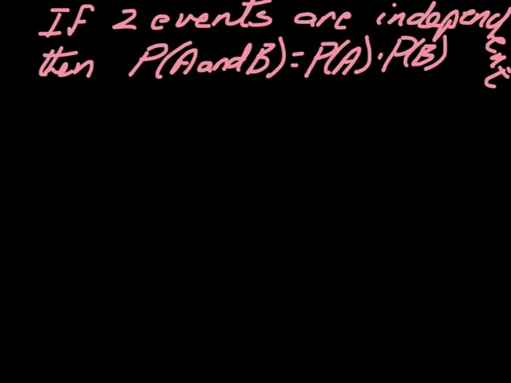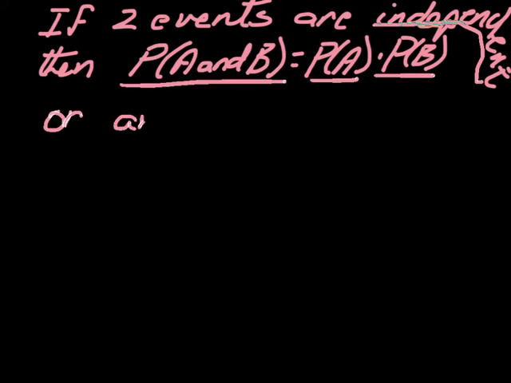So we can see here that if two events are independent, sorry, that's a big word and I couldn't fit it, if two events are independent, then the probability of A and B, event 1 and event 2, is equal to the probability of event 1 multiplied by the probability of event 2. Now, the one issue you have to keep track of, always look for the words "or" and "and."